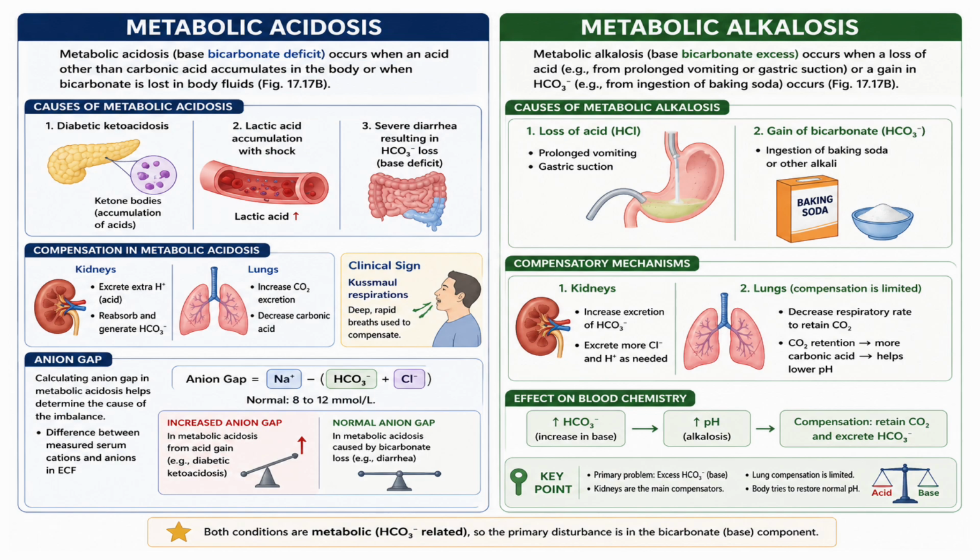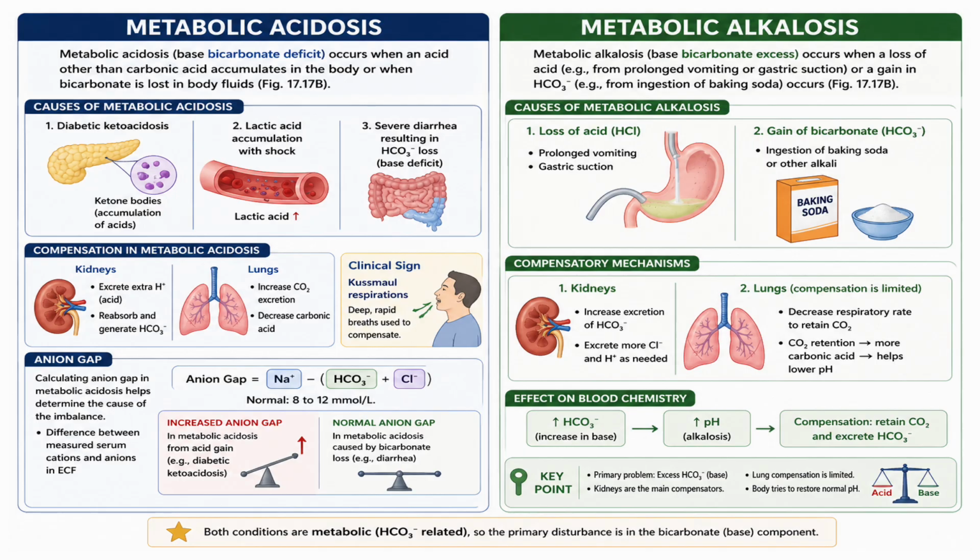Because remember, we're talking about your metabolic part now, which is controlled by the renal system, right? So metabolic acidosis is when there is a deficit of bicarb, too little bicarb, or when acids other than carbonic acids accumulate in the body. In simple terms, there is either too much acid or not enough base.